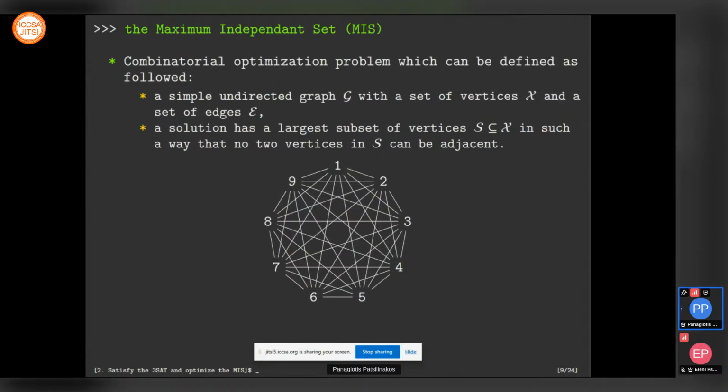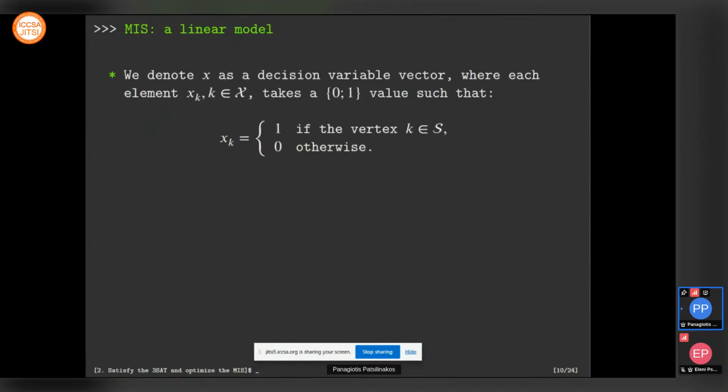For the maximum independent set, we have a graph, and the only rule here is to maximize the number of vertices we select in the set according to one rule. For each given edge, for example this one, a maximum of one vertex can be selected in the maximum independent set, or no one. We model that NP problem with a linear model with this type of binary vector.